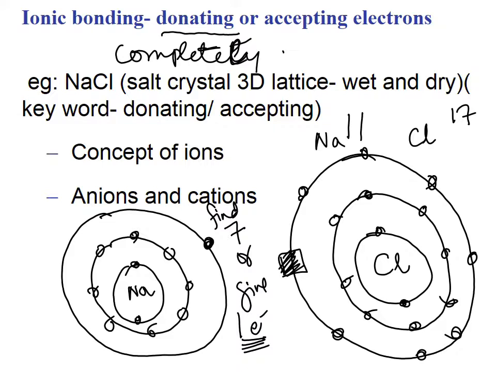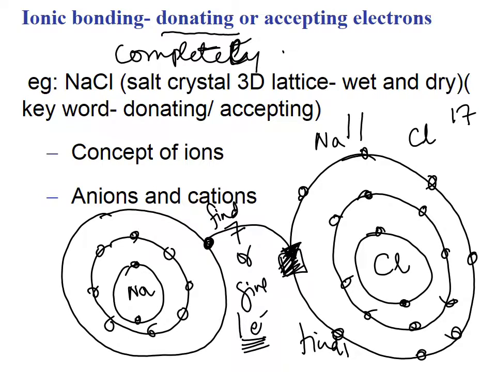Is it easier for chlorine to find 1 electron or to try to give away 7 electrons? It is easier for it to find 1. So this relationship is sort of like the best relationship ever. Sodium gives this electron away, donates it, and chlorine accepts it.